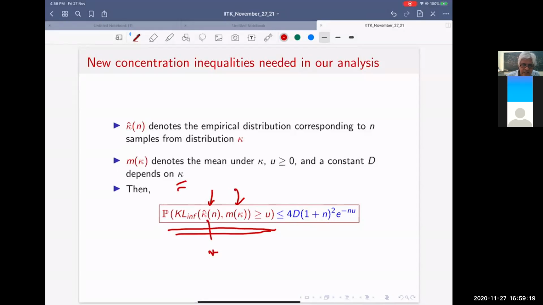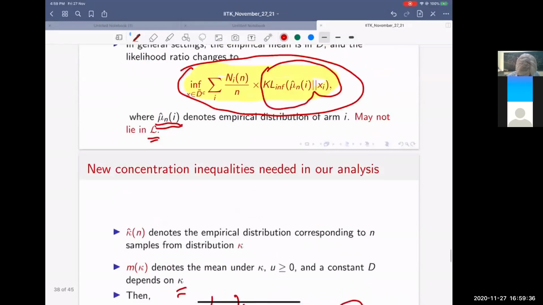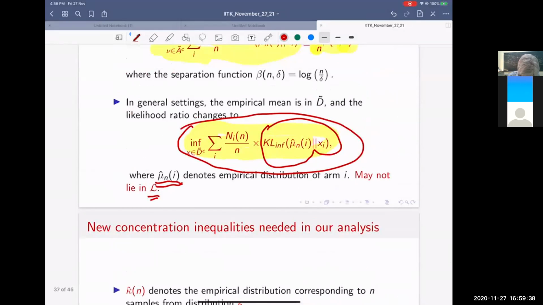But now instead of the true distribution, we are putting in an empirical distribution. What's the chance that we see a deviation? So we want to be able to say that the probability of this large deviation is bounded, and one can actually come up with explicit bounds which are exponentially decaying with u. So a lot of work goes into coming up with these kinds of concentration inequalities for this quantity right here.